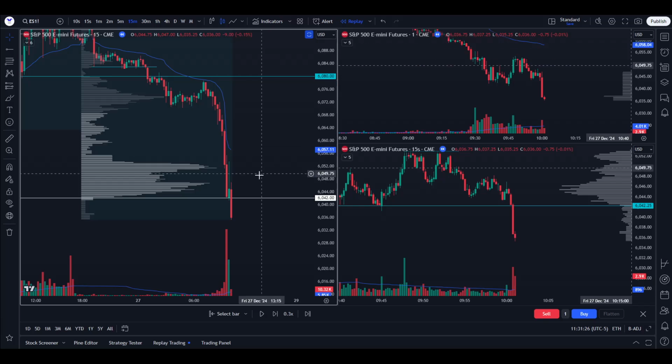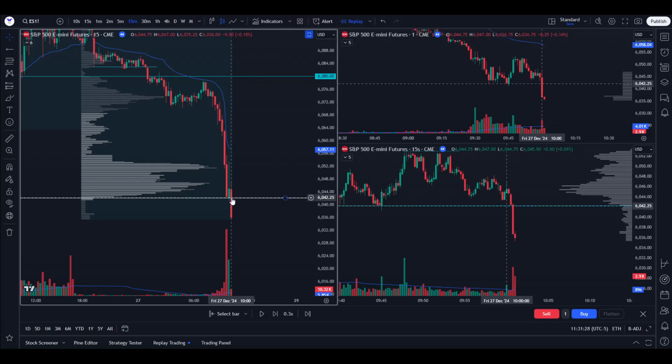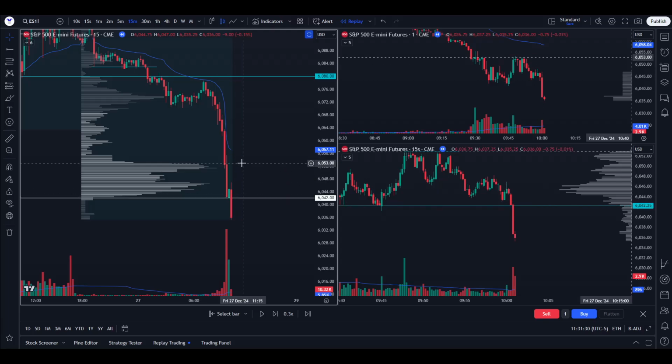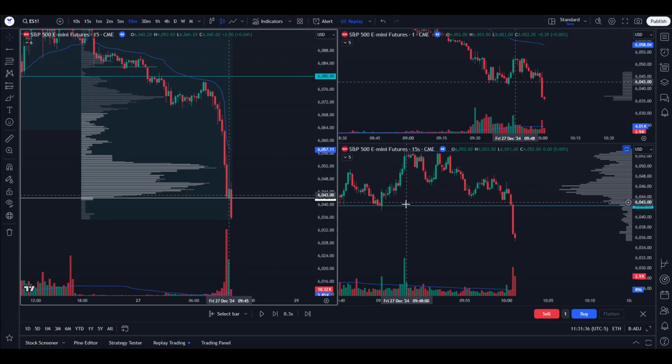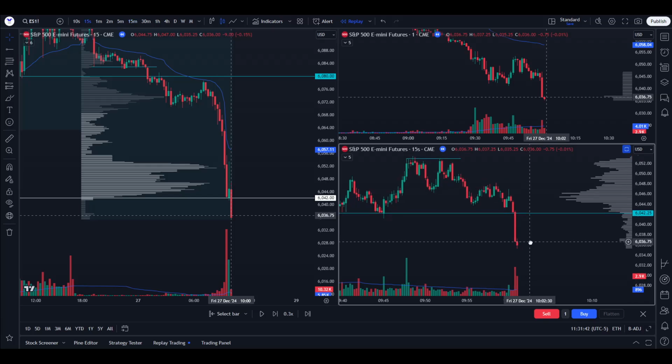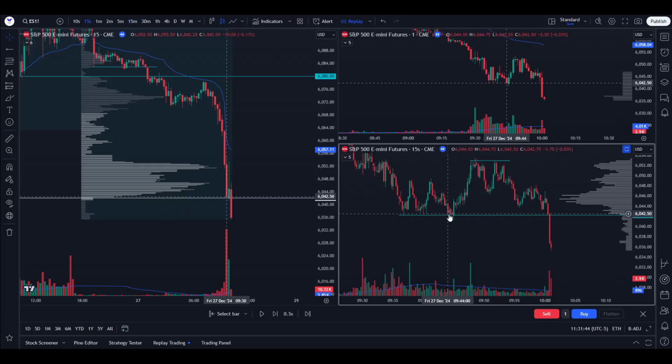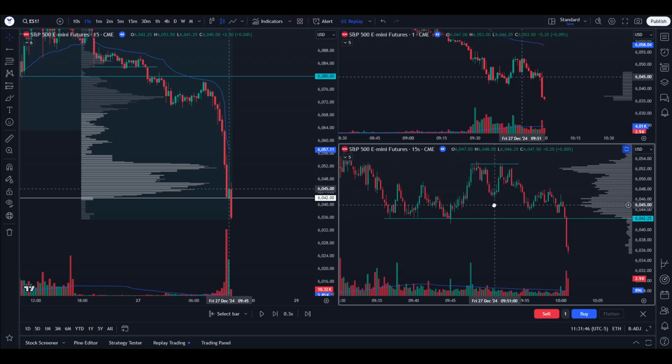So this is where I knew the long trade was pretty much dead. I was actually trading the bounce, but I bailed on any long attempts. This is where I see a lot of people get caught up: they get really married to the idea of, this usually will bounce here.